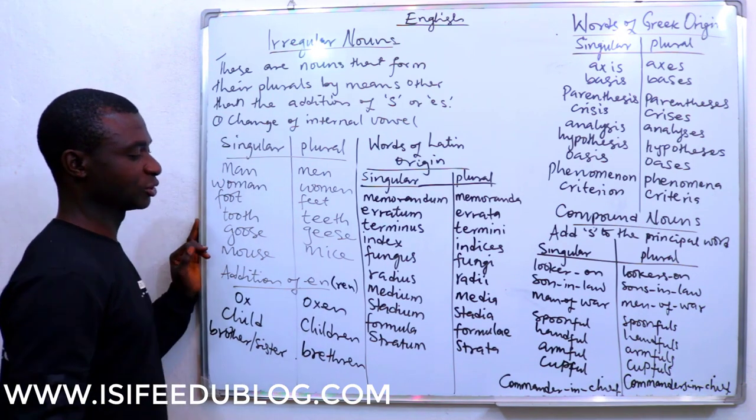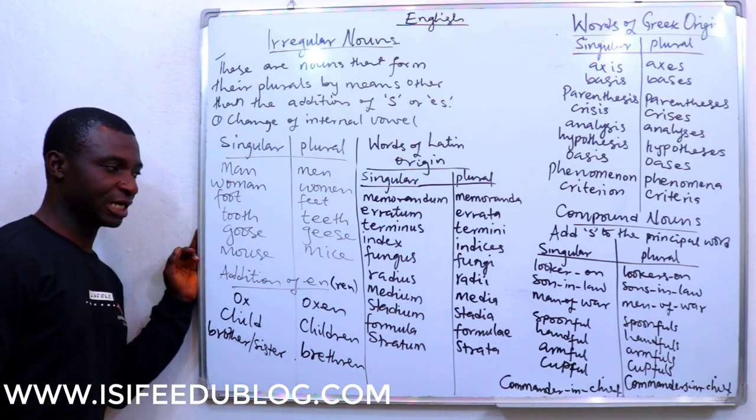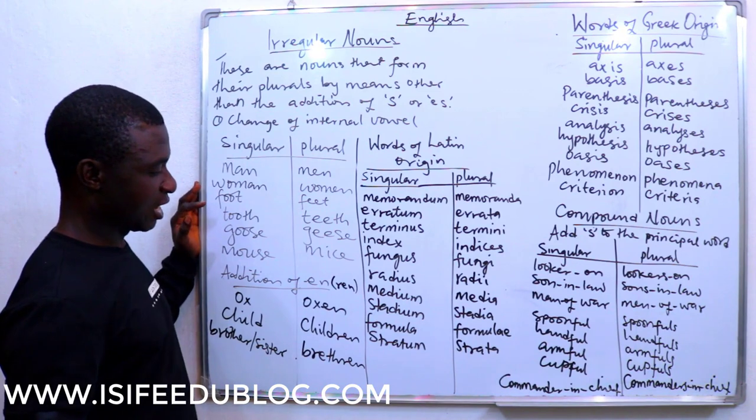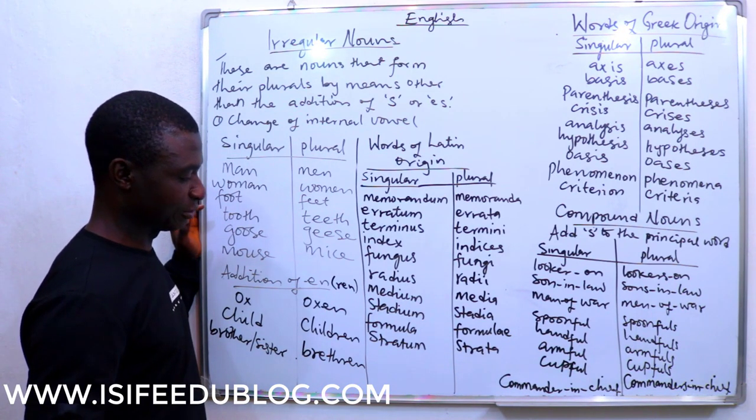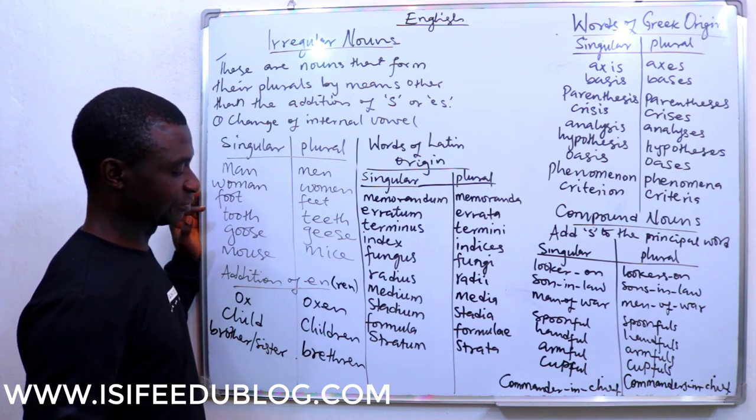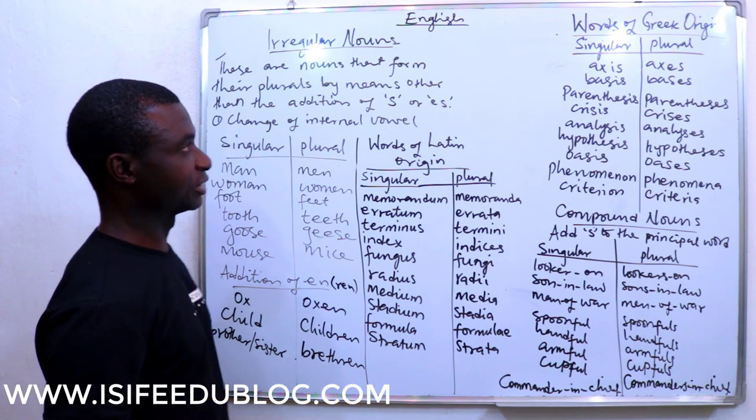In modern English, you also have stadiums, right? Stadiums. Formula for formulae, and stratum for strata.